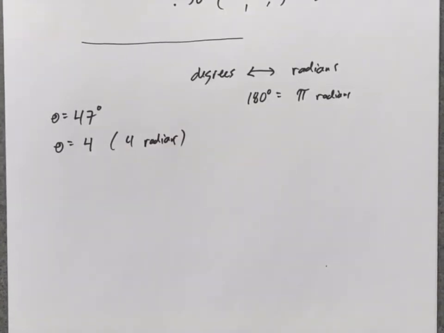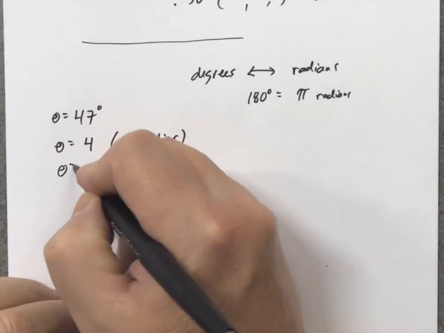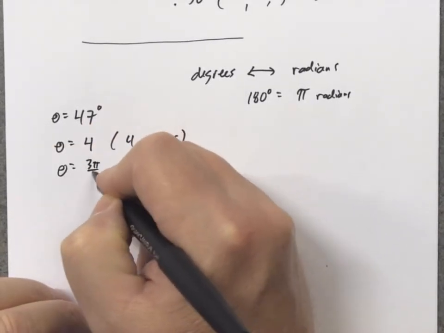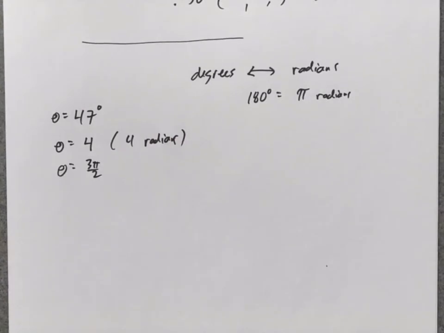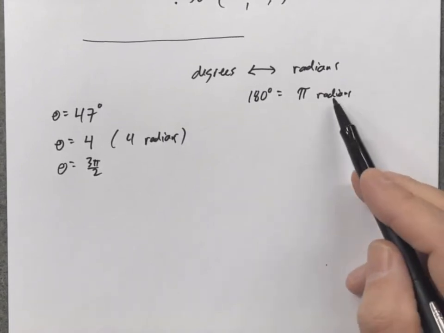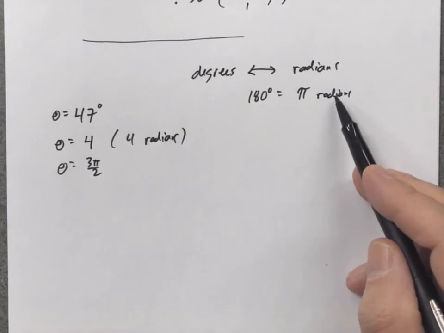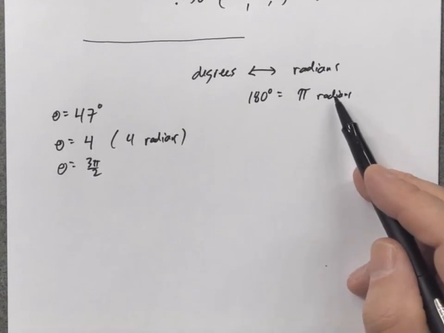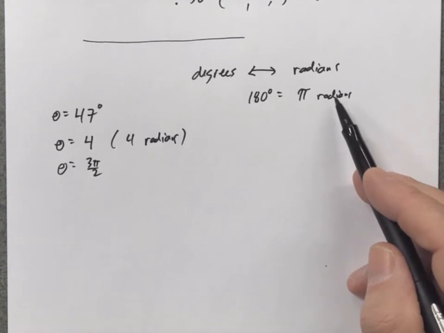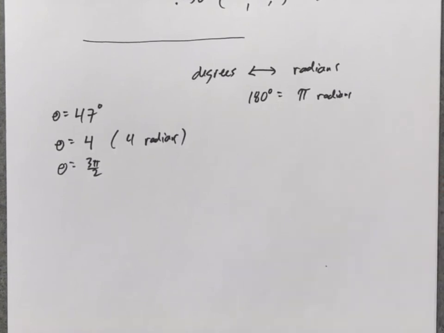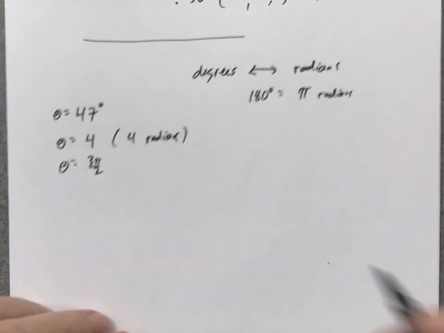Now, a lot of times in radians, you'll always see this pi here. That's sort of a little bit of a dead giveaway that the number's in radians, but not always. Now, when I work out these problems, sometimes I write radians here just to make it clear what's going on, but just be aware that normally when you have an angle in radians, you will not see the word radians. All right, so here's a problem.